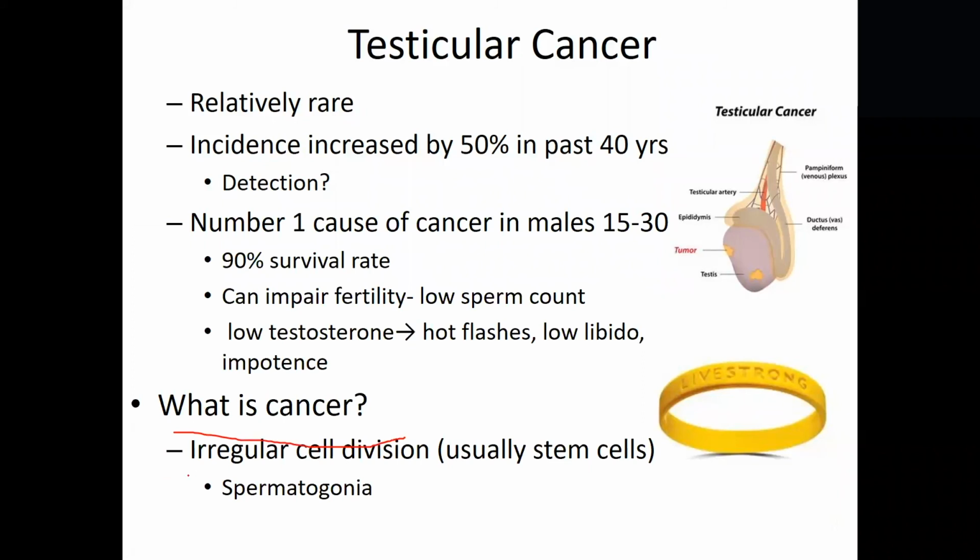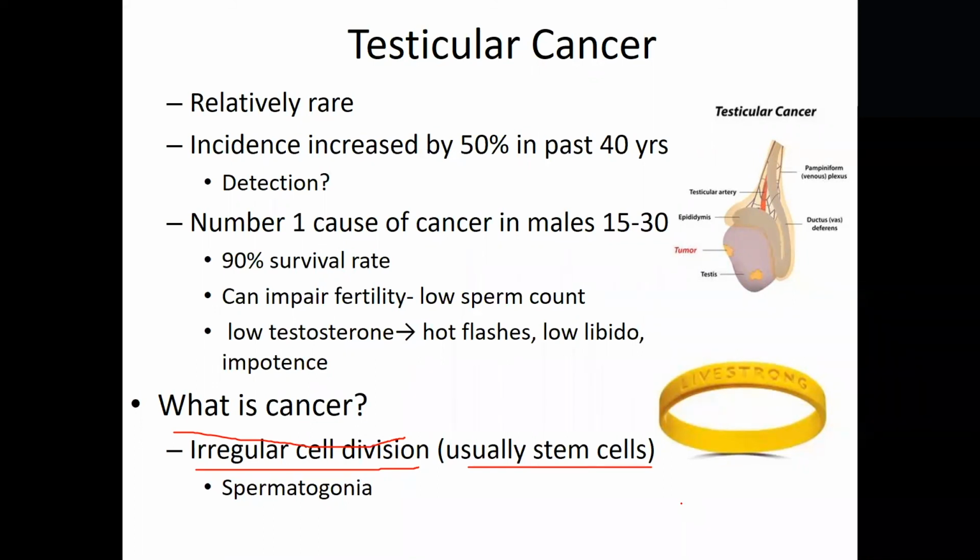This is irregular cell division. And it's usually the stem cells that are afflicted. The stem cell has the job of making the immature and then later mature sperm cells. What that stem cell is going to do is just divide. It's going to be on a program, and it's going to have a regular process where it makes so many cells in a given day. If you get cancer, something happens to that stem cell where it goes off of its normal routine.